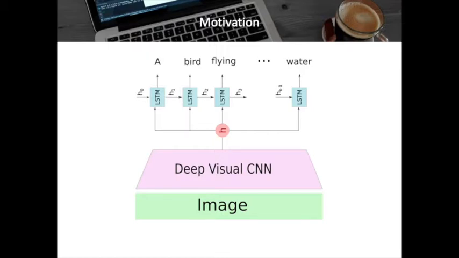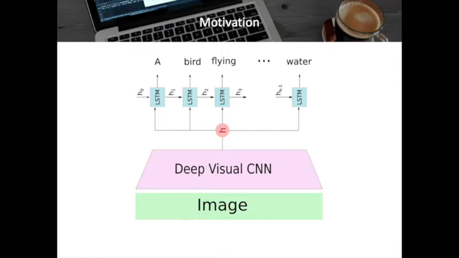The general issue with such an approach is that whenever the model tries to generate the next word within the caption, that word only describes a part of this image. Therefore, using the entire representation of the image given by this hidden state H to condition the generation of each individual word suffers from not being able to produce different words for different parts of an image.